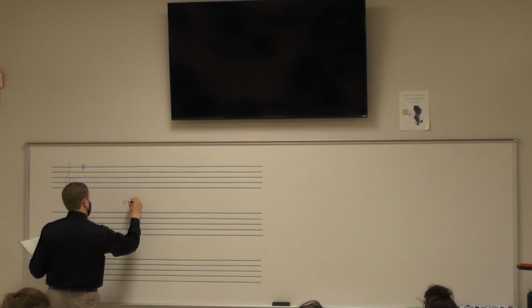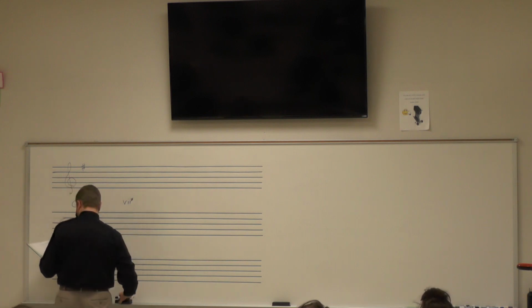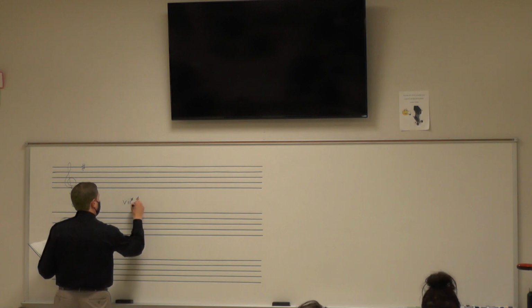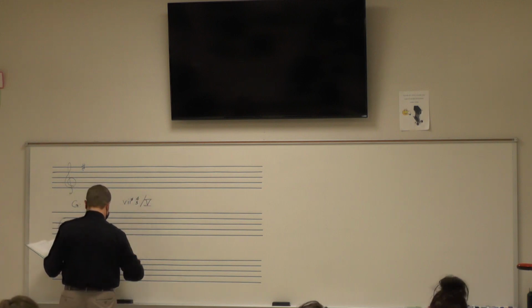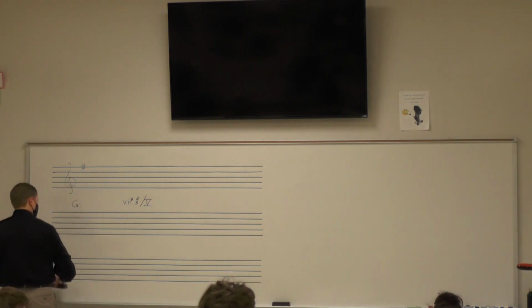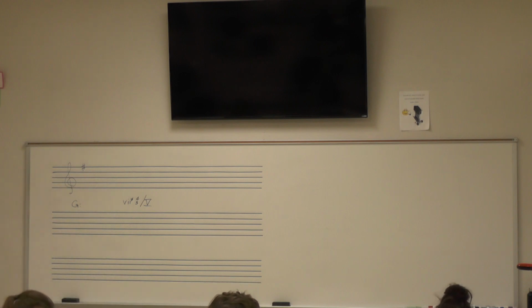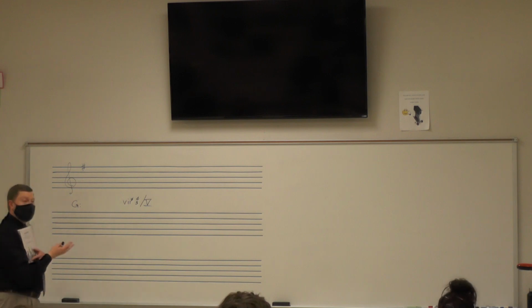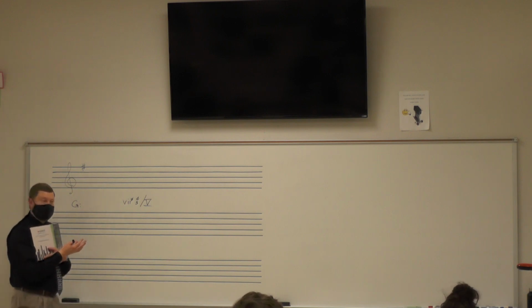Seven diminished. Oh, half diminished. Half diminished four, three, and five. Wow, this is a beast of a chord. But we can solve it. We can go through the process.